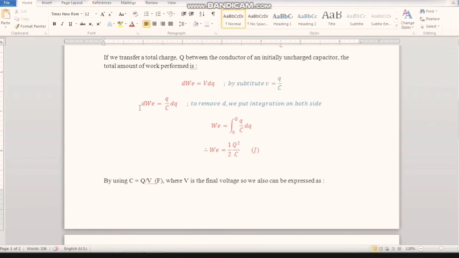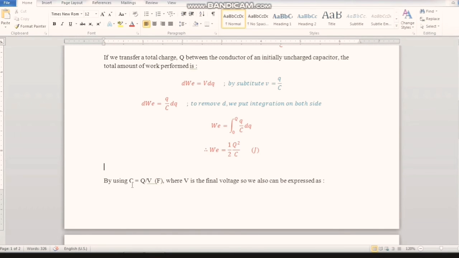To remove d, we must put integration on both sides. So we get WE equal to integration from 0 until Q of Q over C dQ. So the final answer for the total amount of work is WE equal to 1 over 2 multiplied by Q squared over C, and its unit is joule.